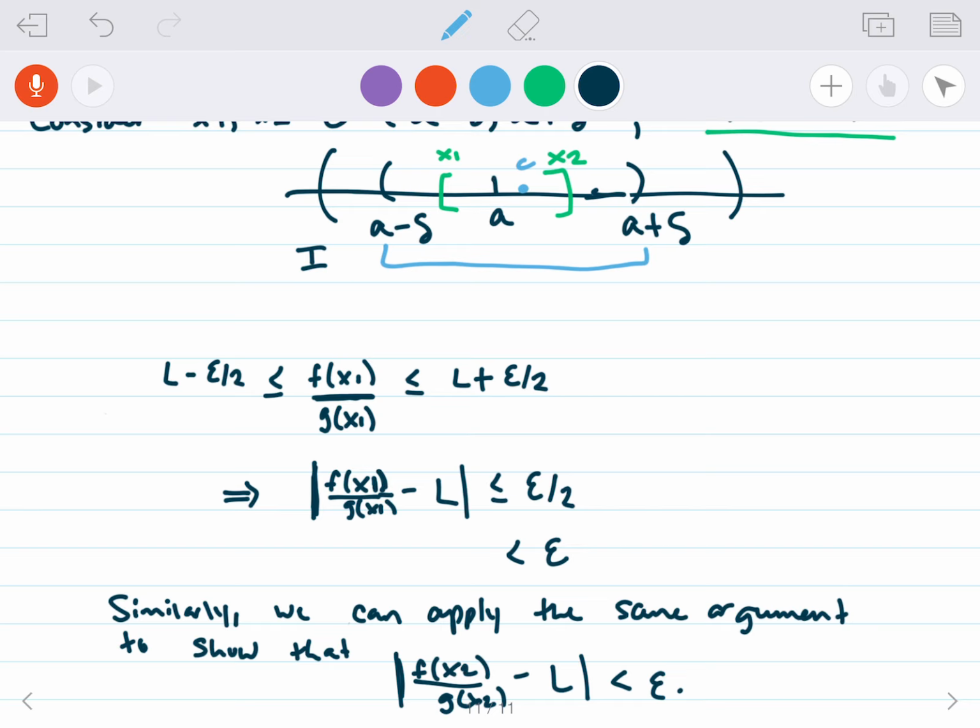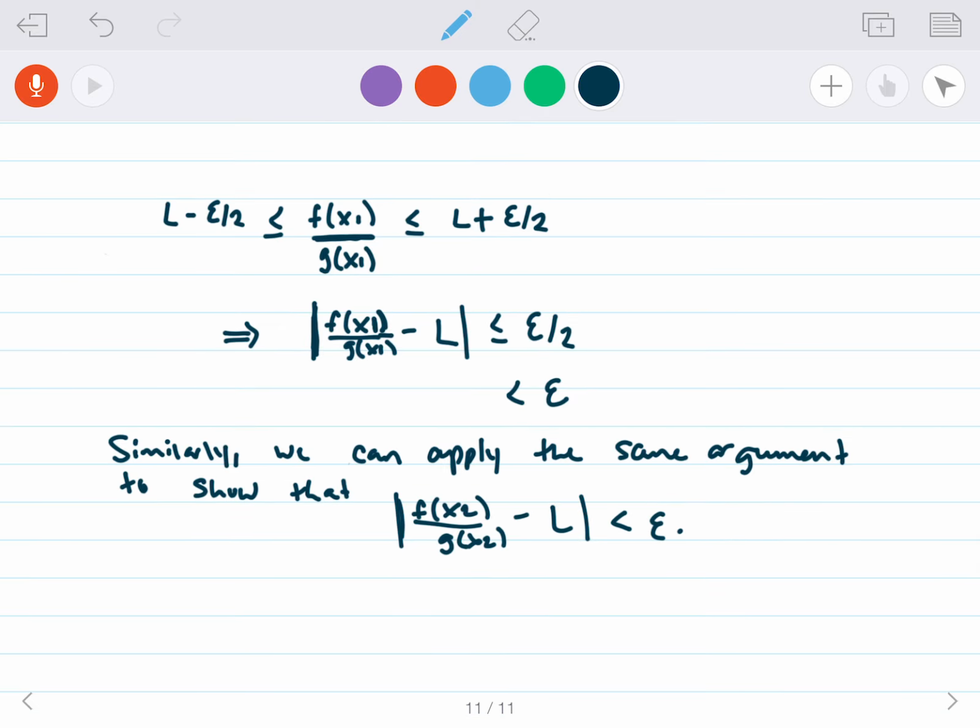So what does that say? Well, we took care of stuff over here, and we took care of stuff over here in this delta neighborhood. So in fact, for any x in this delta neighborhood, this works, and so we have the limit statement that we want here.